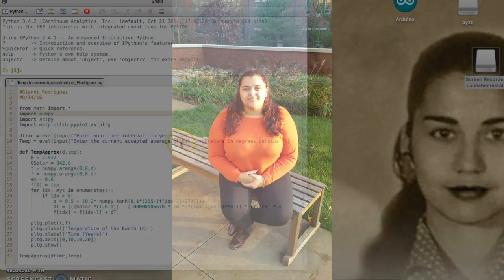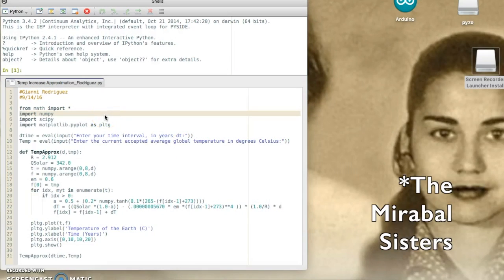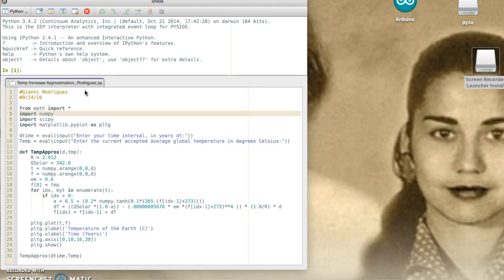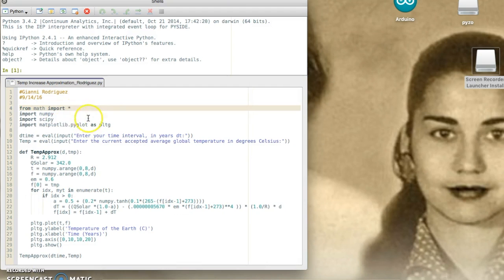So take a look. Here is the code for my basic climate model. I've coded my model in Python because that's the programming language that the physics department teaches here at Agnes Scott. You can see here where I've invoked some packages that already exist in the Python language developed by other people, and where I've assigned my values here.